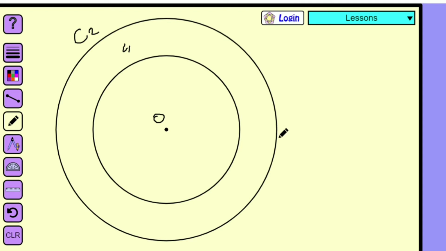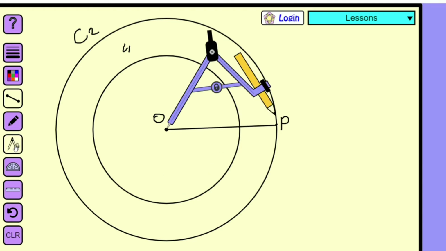Now mark a point on circle C2. Let it be P. Join OP. Draw the perpendicular bisector of OP for constructing the tangent from point P to circle C1.